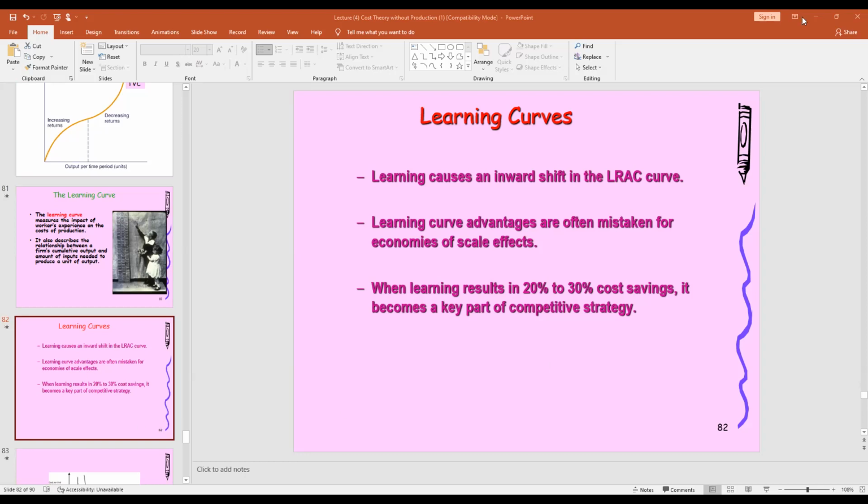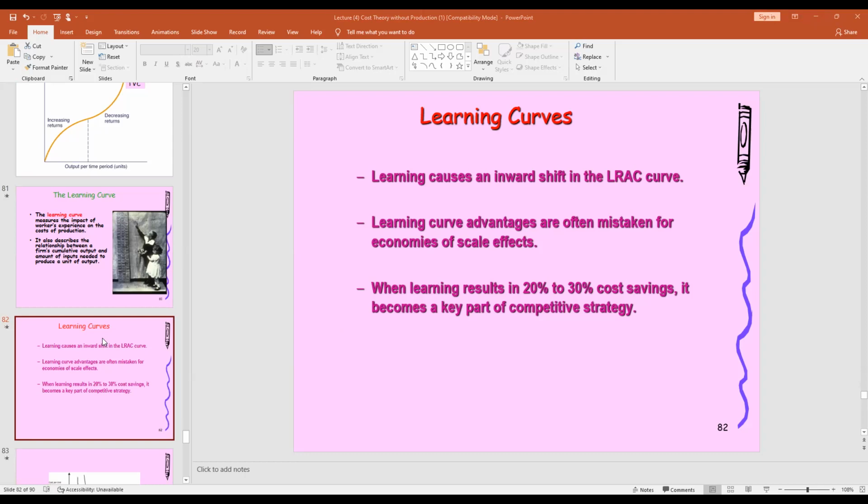So the learning curve is something we need to know, that is the experience curve. If you have more learning, more experience, you can reduce your mistakes. The learning effect, as explained by various market analyses, can give 20-30% cost saving compared to the market.